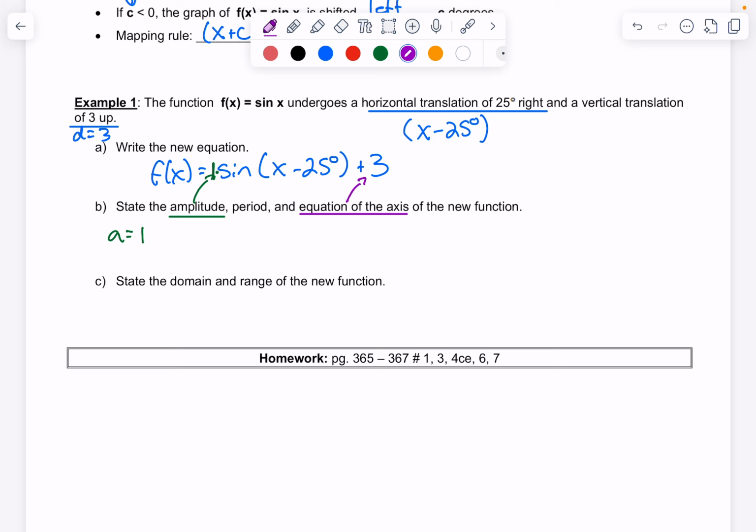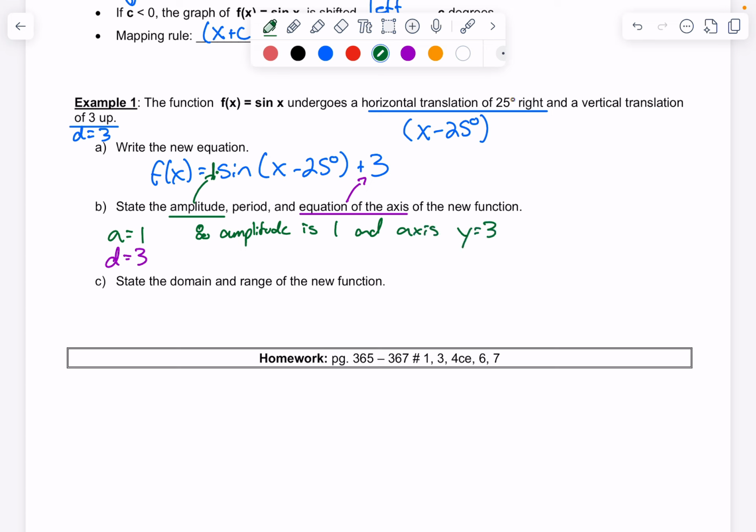It's your D value, and as we said in the previous lesson, your D is 3. So therefore, amplitude is 1, and you report the axis as y equals 3, okay?